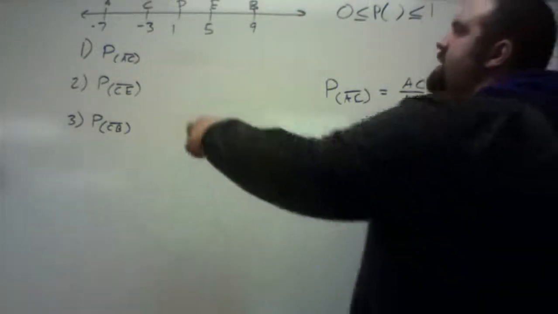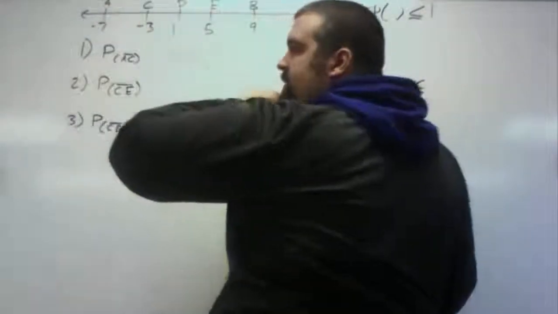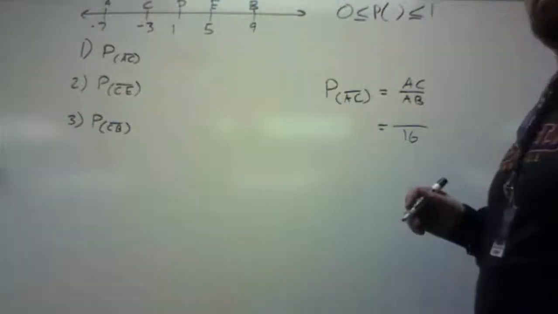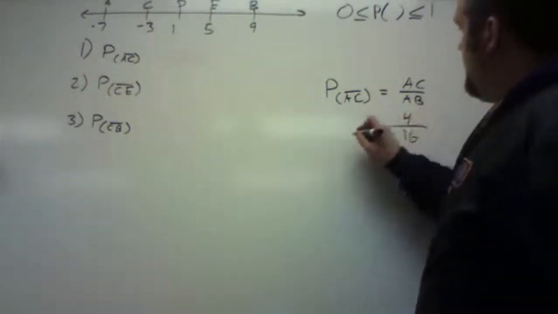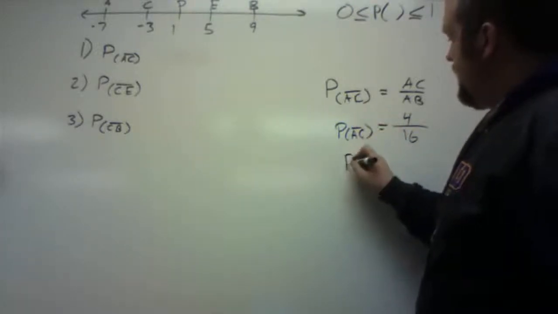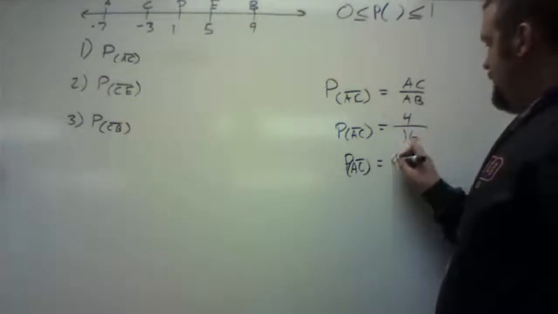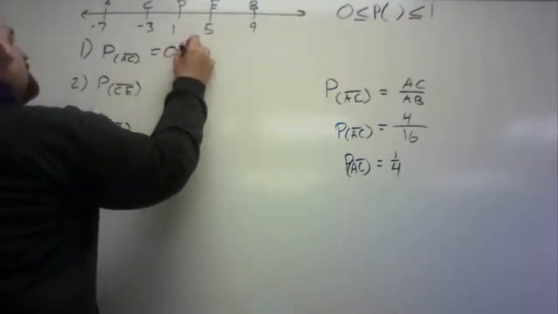Length of segment AC, negative 3 minus negative 7. Well, that's negative 3 plus 7, or 4. So the probability that it is on segment AC is going to be 4 over 16, or 1 to 4, or 0.25.